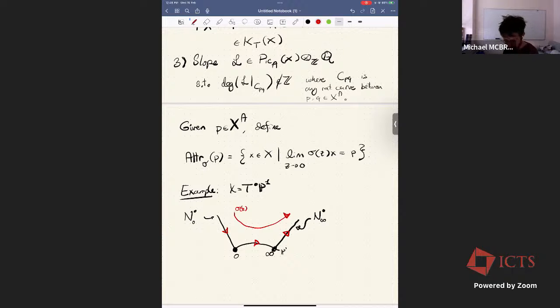As z moves around, you move in along these red lines. If we pick infinity, what is its attracting set with respect to sigma?